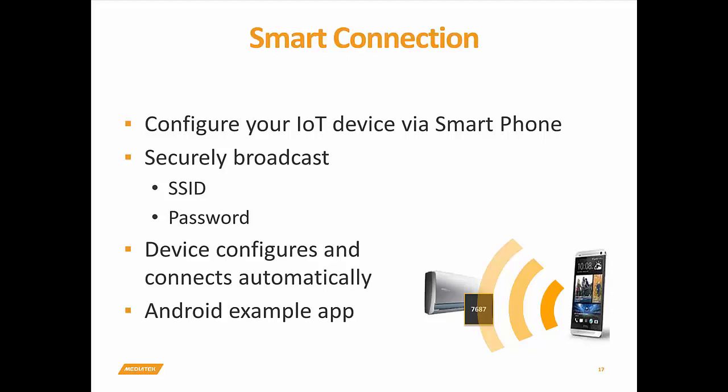So you don't need to have any buttons on the device or display where a user can set up the SSID and password. It's a very easy and smooth way of setting up devices, and that is also included in the SDK.